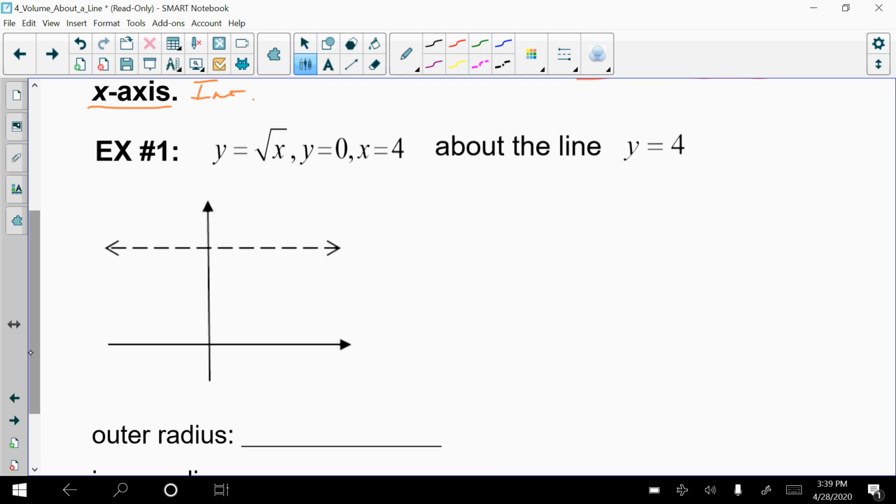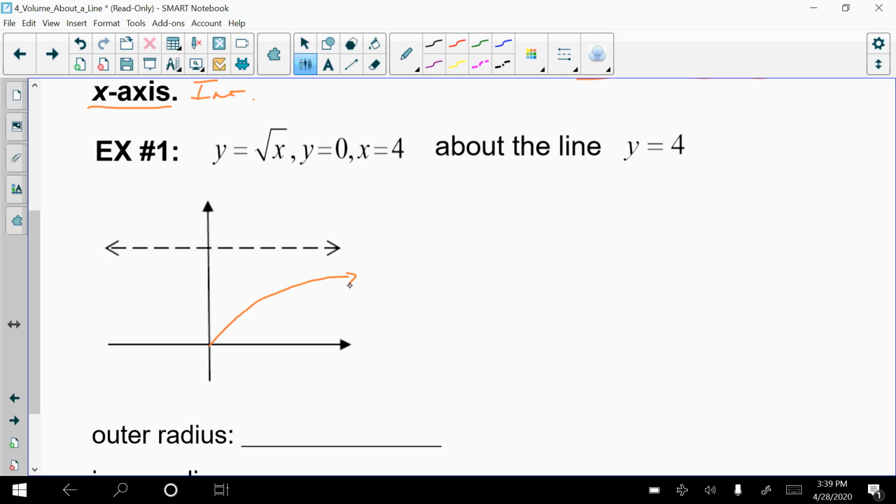The main function you need to be able to graph is the square root parent function, y is equal to the square root of x. We're not going to try to get any specific accuracy. We just know it's going to have a shape along those lines.